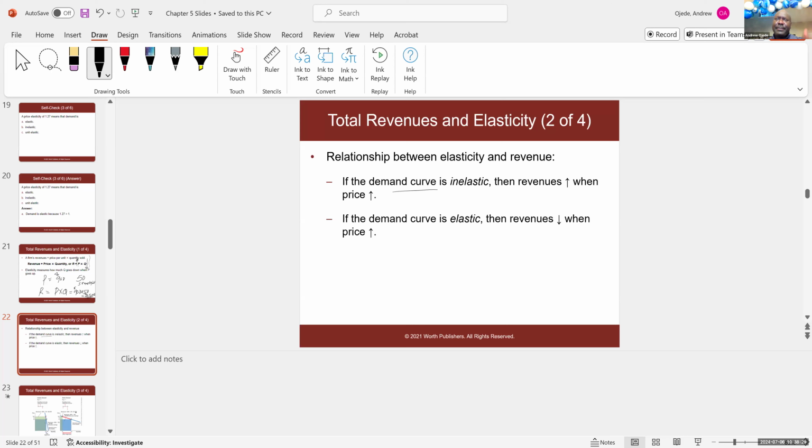But if you're dealing in a product which has got elastic demand, then there's a negative correlation between revenues and price, meaning that if you increase the price, revenues will fall for goods with elastic demand. Consumers are going to reduce a lot the amount they're buying, so that you're going to lose revenue overall.